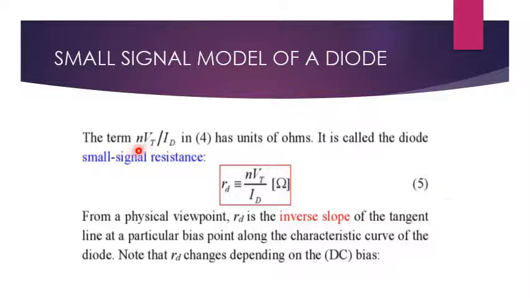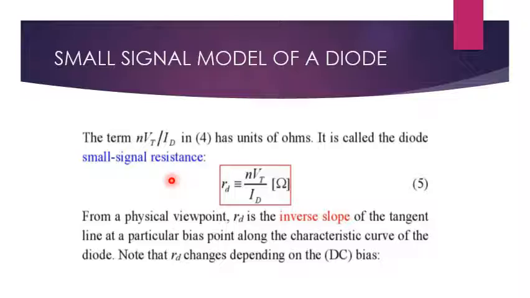Now the term eta V_T by I_D in the previous equation has the unit ohms, so it is called the diode small signal resistance. Please try to understand: we have taken a diode, we have taken the DC source, and we have superimposed a small AC signal on it.